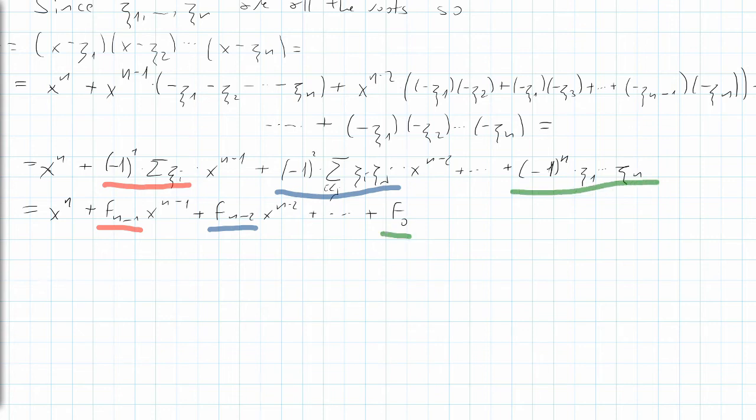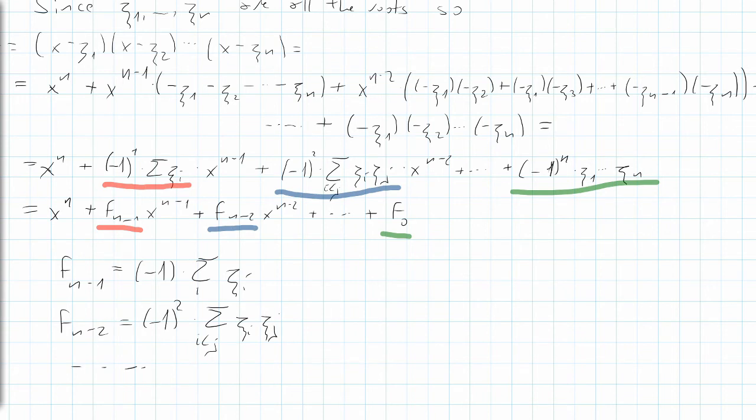So what we get is that f n minus 1 is minus 1 times the sum of xi i for all i. f n minus 2 is minus 1 squared times the sum for i less than j of xi i xi j, and so on.